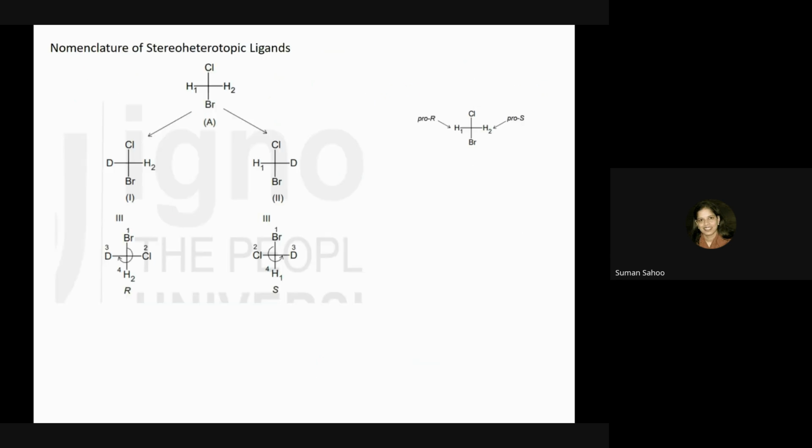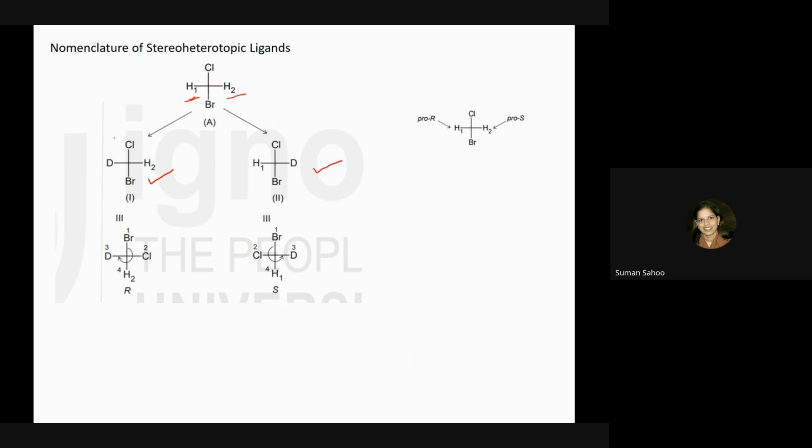So how do we give names to these prochiral centers, or these heterotopic ligands, how do we give them names? Suppose the first example where we have bromochloromethane. So when hydrogen number 1 is replaced, that gives us this compound, and when hydrogen 2 is replaced, that gives us this compound.